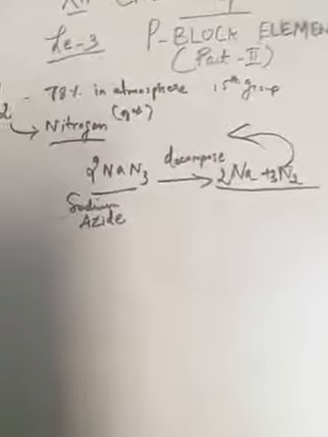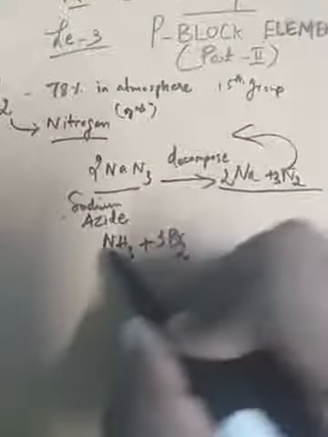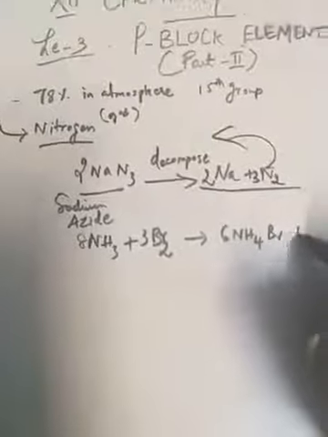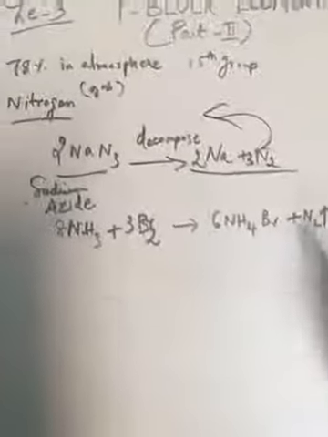It can also be obtained by oxidizing ammonia using bromine water. I put ammonia NH3 with bromine water, and to balance the equation I add numbers here. I will get ammonium bromide, and nitrogen will be expelled as a gas.